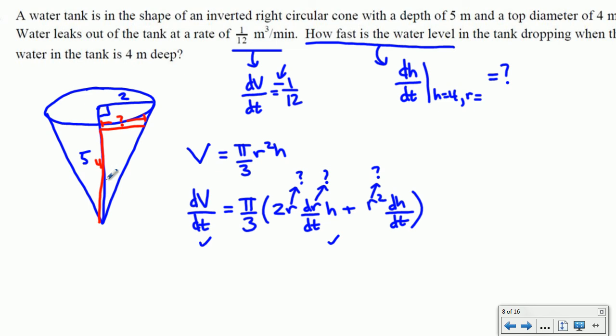Unfortunately I don't have much more information other than this side. I need to figure out this side. So what I can do first is figure out what this angle is, and once I know this angle, I can figure out that opposite side.